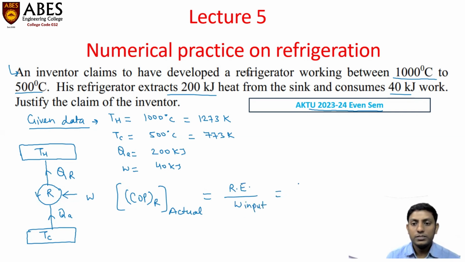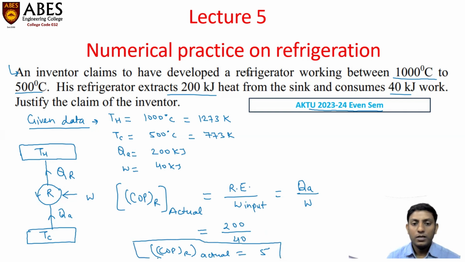So this is QA, the amount of heat absorbed from the lower temperature body, to W supplied. From the given data, it is equal to 200 divided by 40. So the actual COP of this system turns out to be 5.